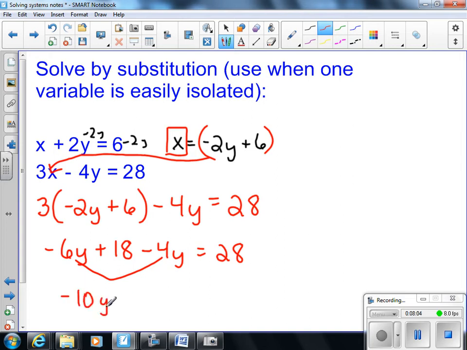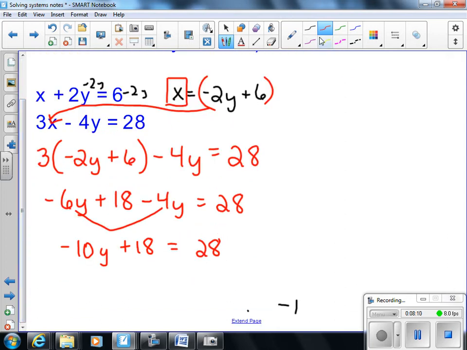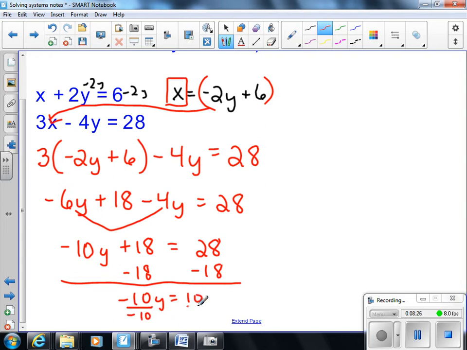Good. Negative 10y plus 18 equals 28. Okay, so we're going to subtract 18 from both sides. And I have a negative 10y is equal to 10. Divide both sides by negative 10.